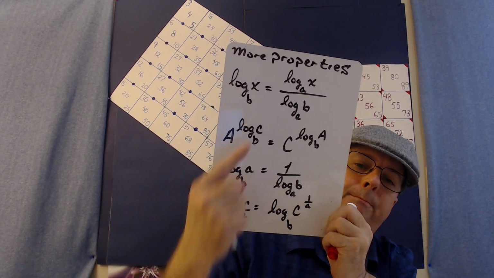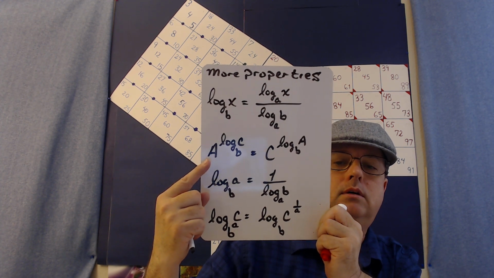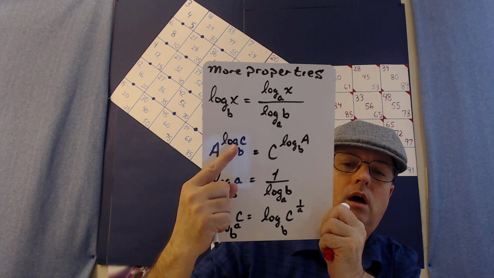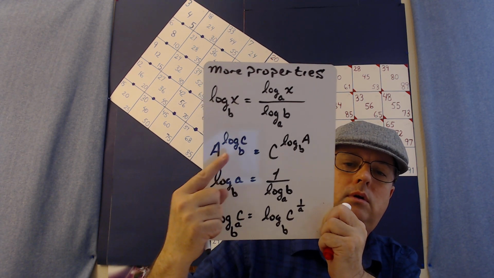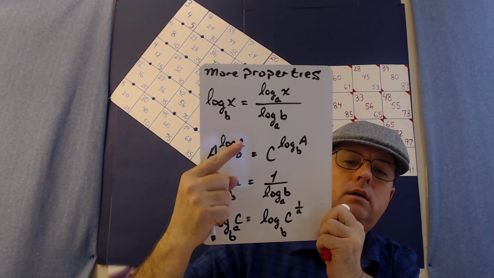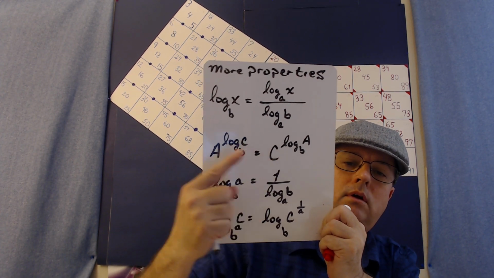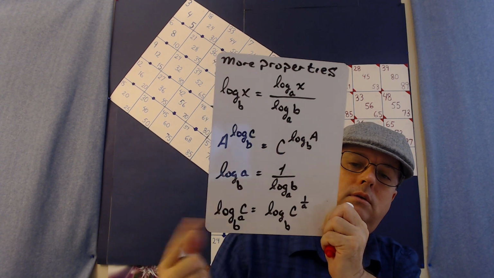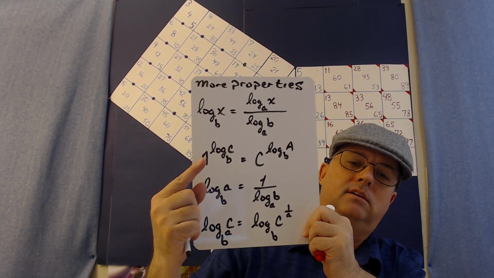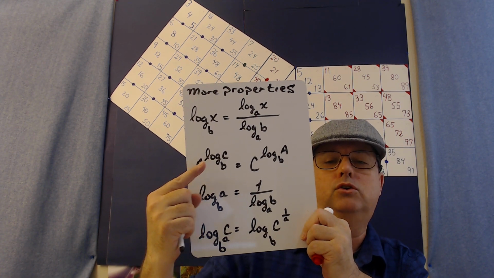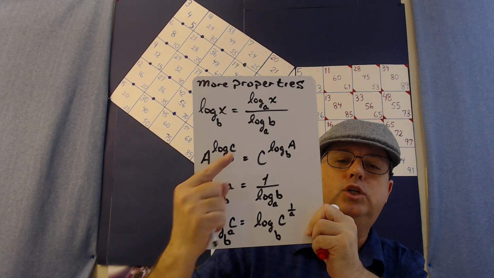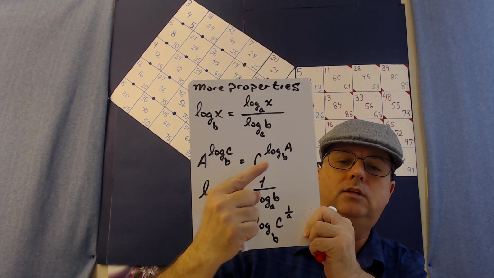And here's another property of logarithms: if you have a logarithm up here as your exponent, so you have a raised to the log base b of c, the c can come down and the a can jump up. Look at that. Logarithms are like superpowers. I mean, superheroes. They have superhuman powers. How can this a jump up to a c there, and this c jump up to the a?